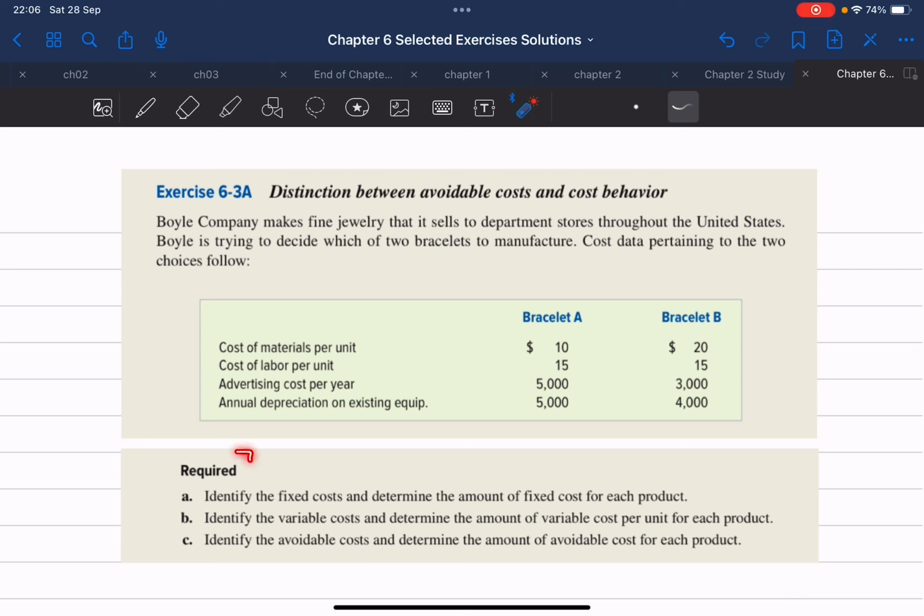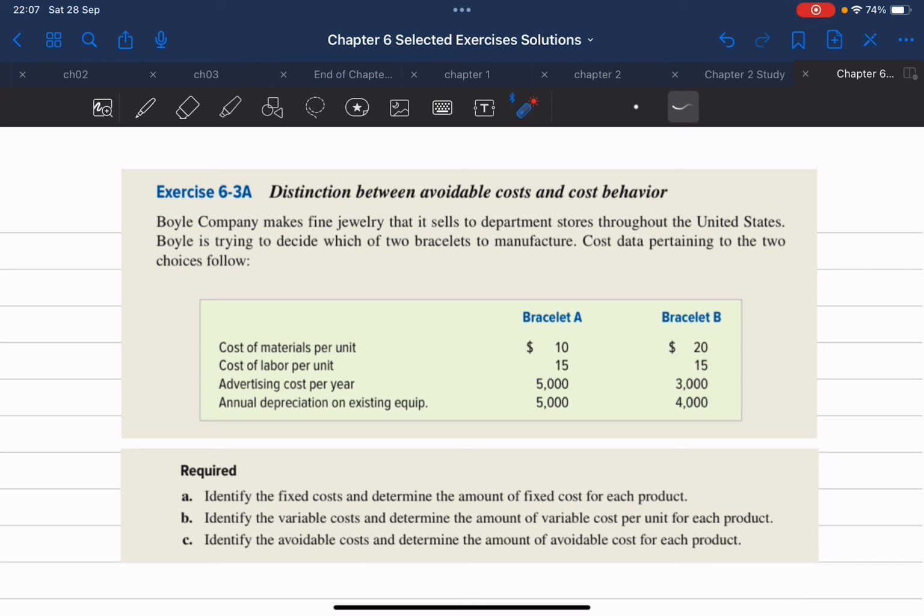Now, what is required? What's required is three things. First, A, identify the fixed costs and determine the amount of fixed cost for each product. B, identify the variable cost and determine the amount of variable cost per unit for each product. And C, identify the avoidable costs and determine the amount of avoidable costs for each product.